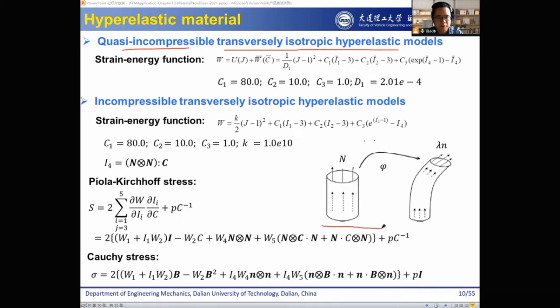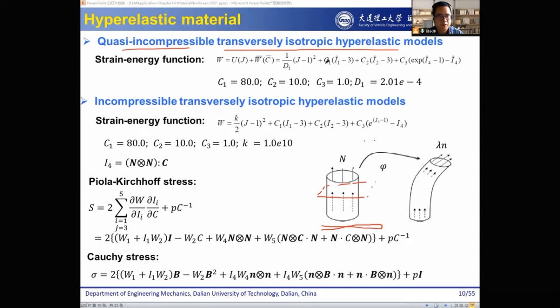This is the fiber reinforced, a transverse isotropic material. So we have the fiber in one direction. Therefore, the mechanical behavior in the fiber direction is different from that in the cross-section plane. Okay, it is different from the cross-section plane, and we call this the transverse isotropic hyperelastic material.